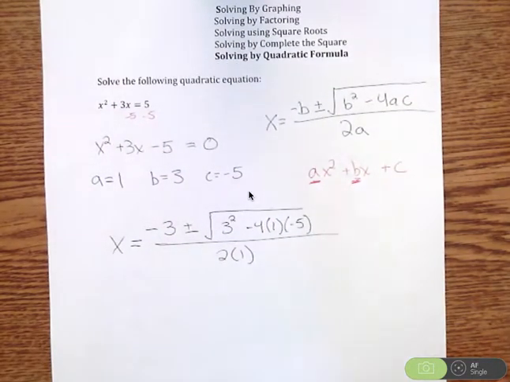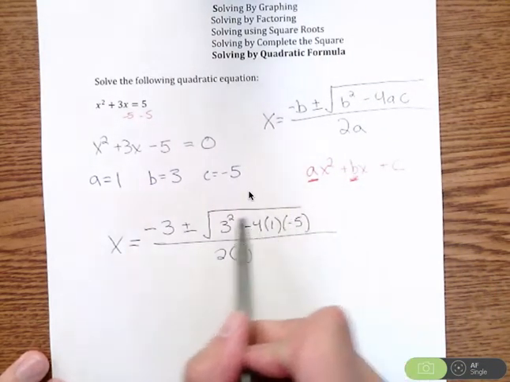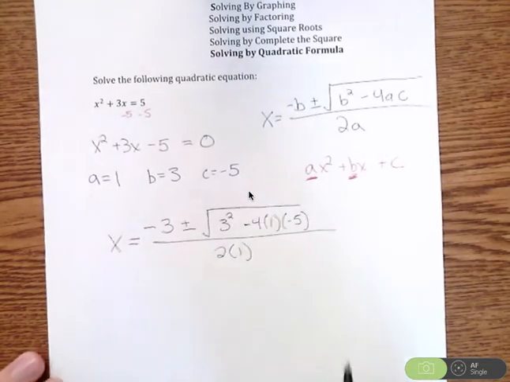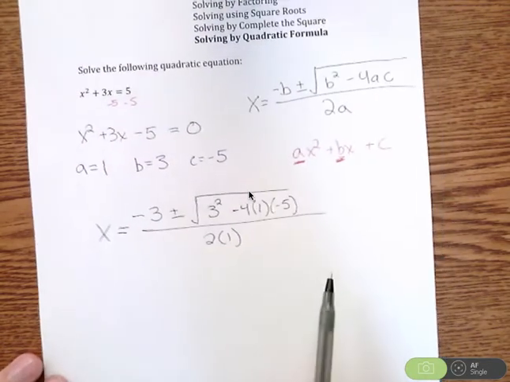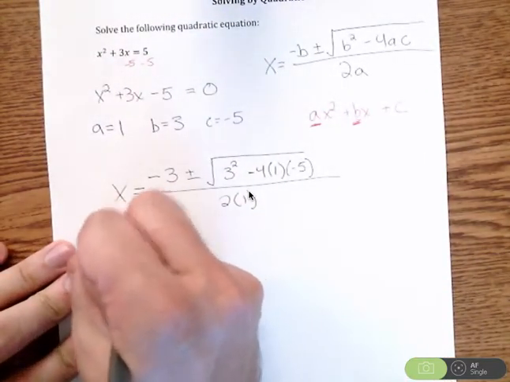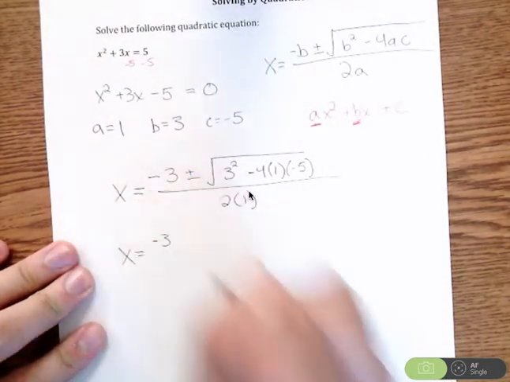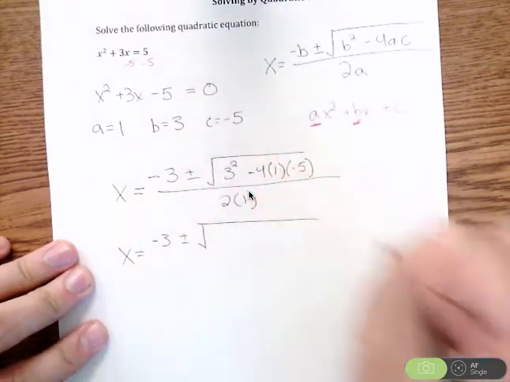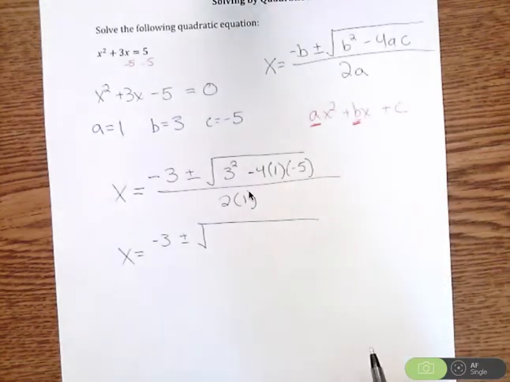When I work through these problems, I like to work on the inside and work my way out, meaning I like to start inside the square root, and then work my way out and get the other pieces. So I'm still going to have x equals negative 3, plus or minus, but inside that square root, I'm going to address these pieces.